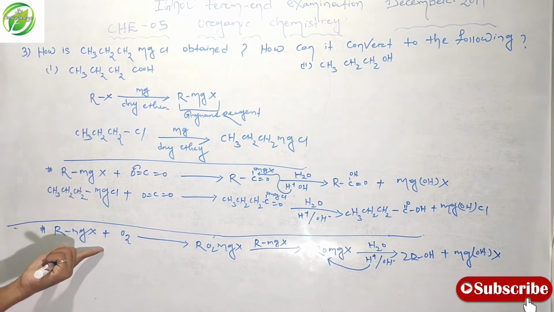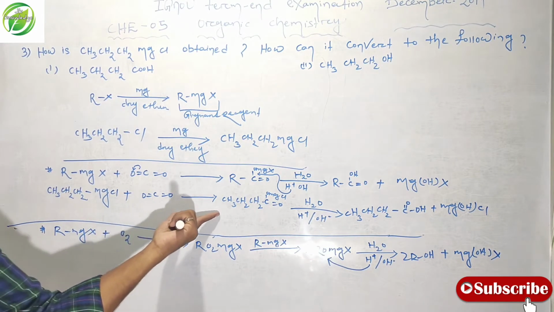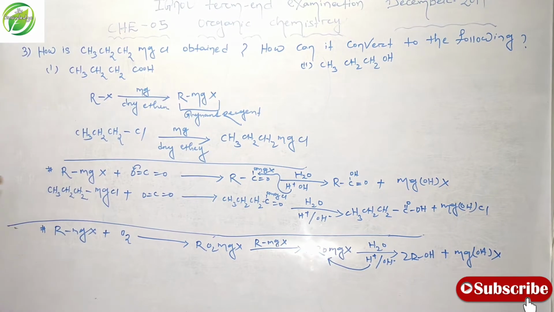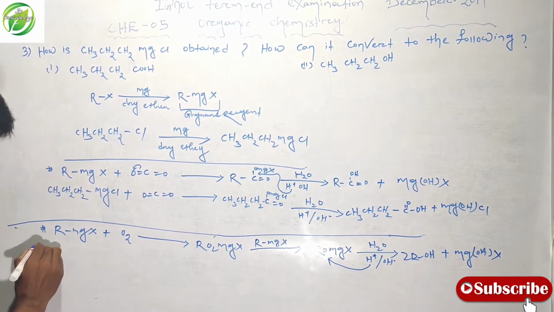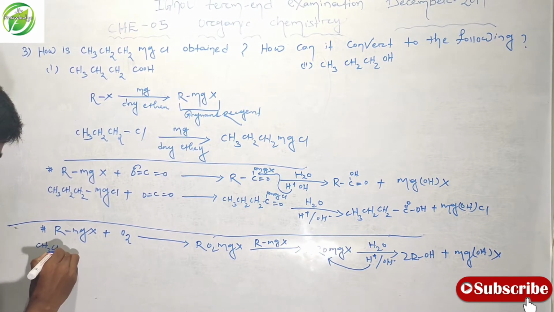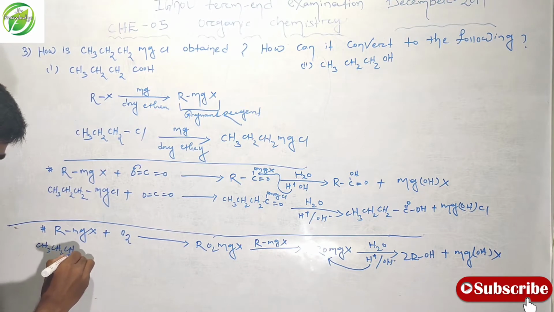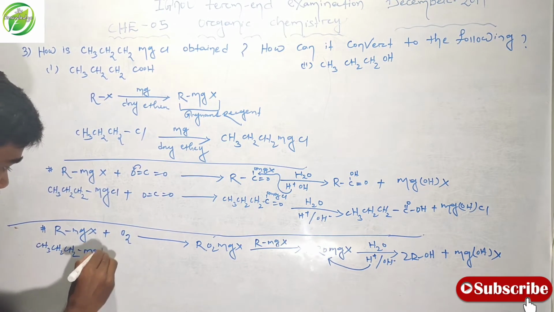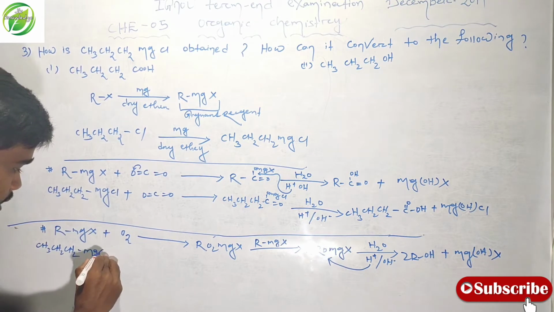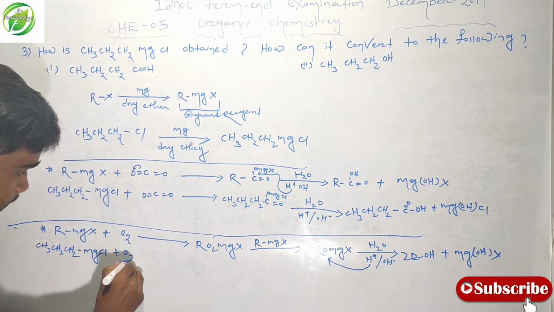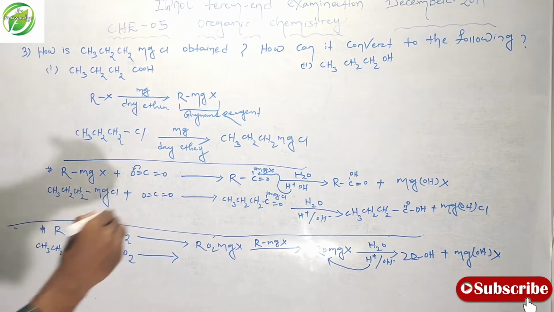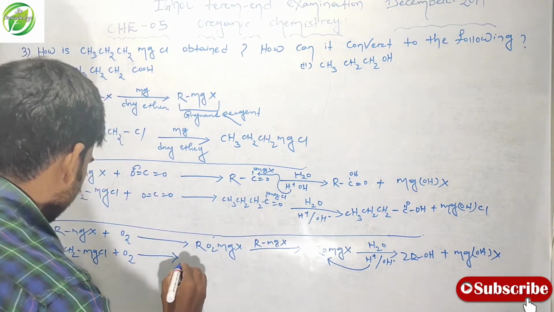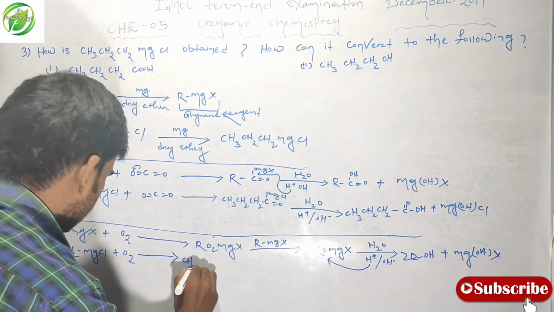We simply follow this mechanism, that is, we put CH3CH2CH2 in place of R, and in place of X we put Cl, with oxygen. We write like this.